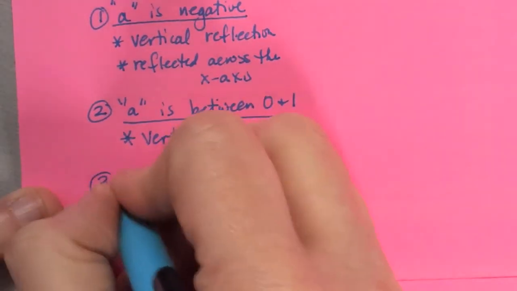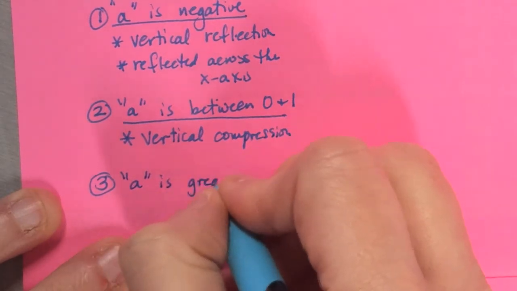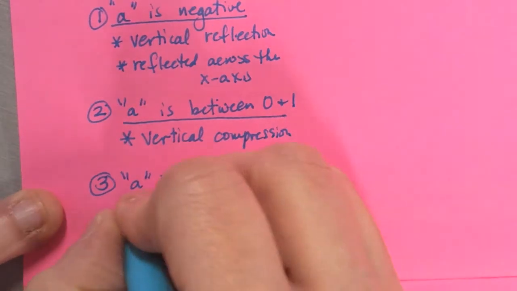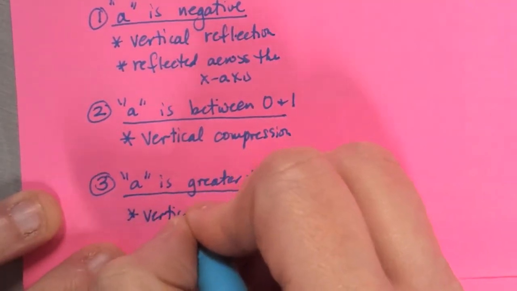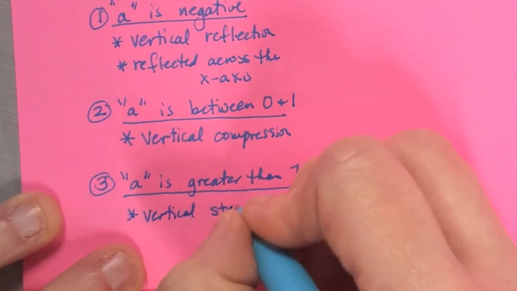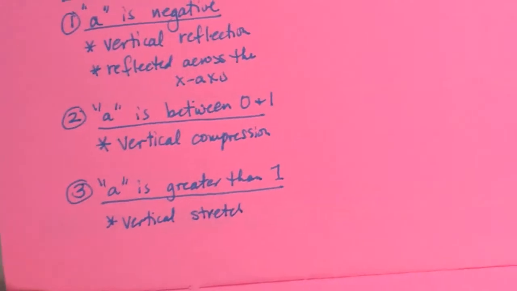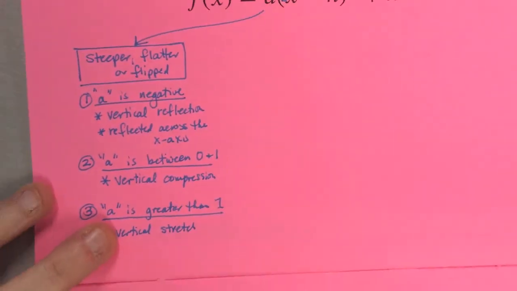You might also see A is greater than 1, in which case you have a vertical stretch, which means vertically it's getting stretched like that. Okay? So those are the possibilities with A.